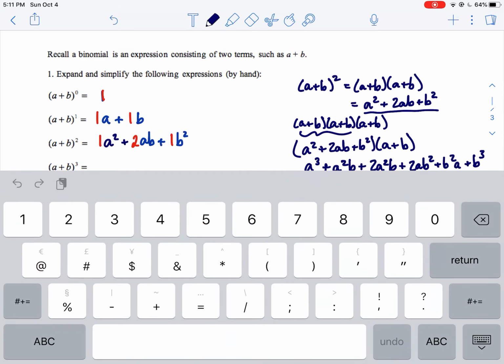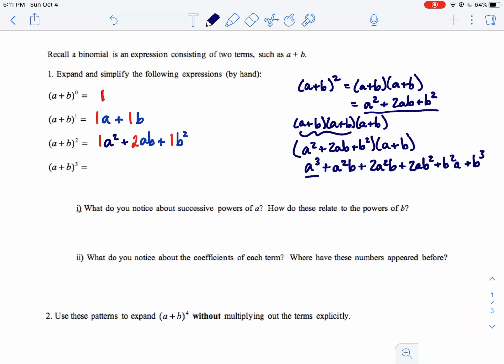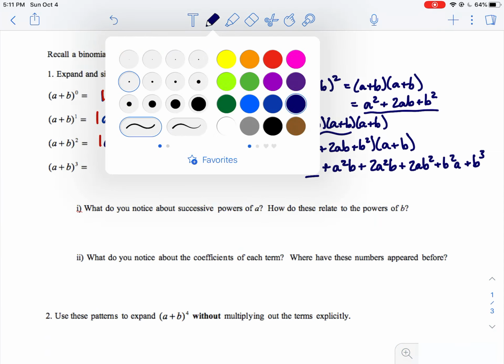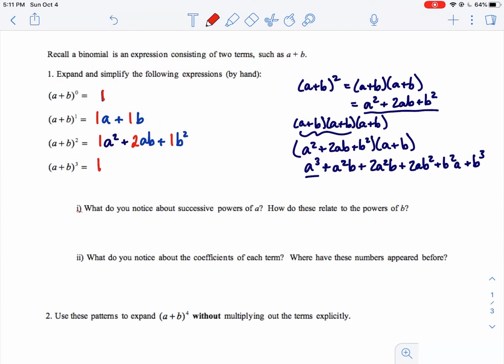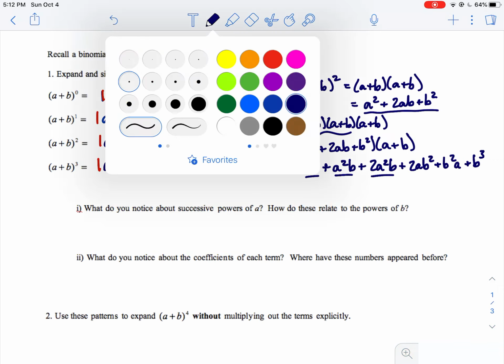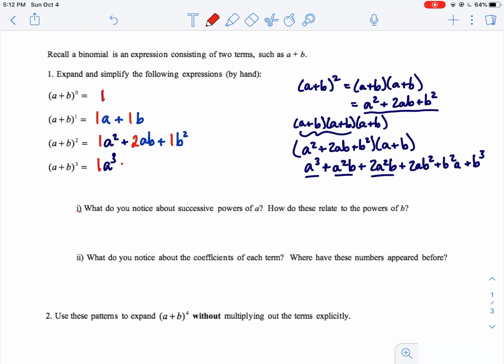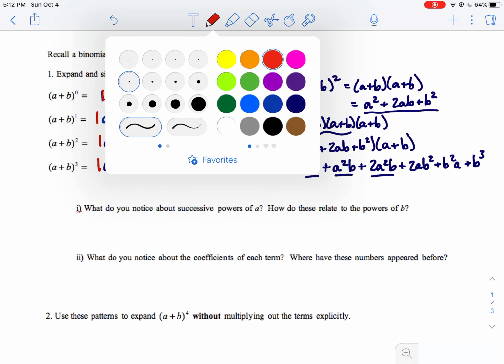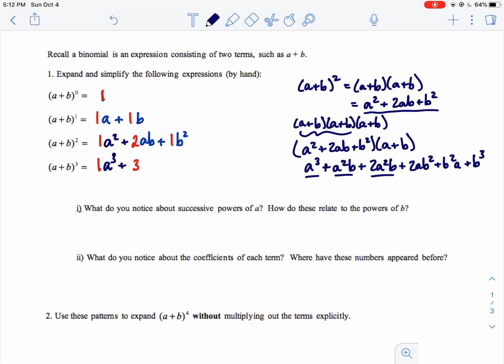But notice that we have one a cubed. We have an a squared b, and then two more of them. So altogether we have 3 a squared b's.